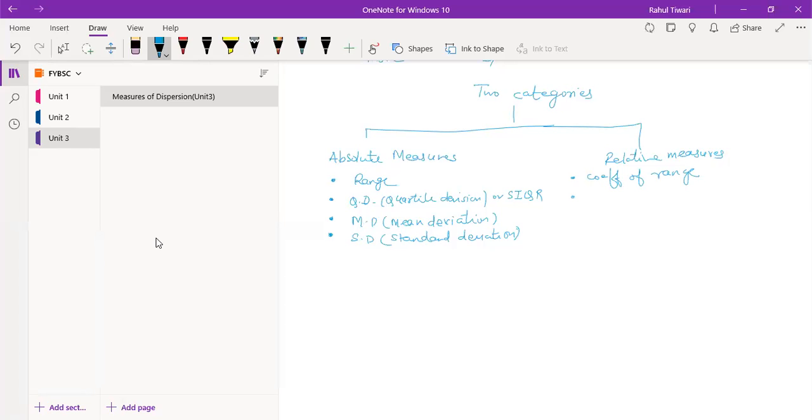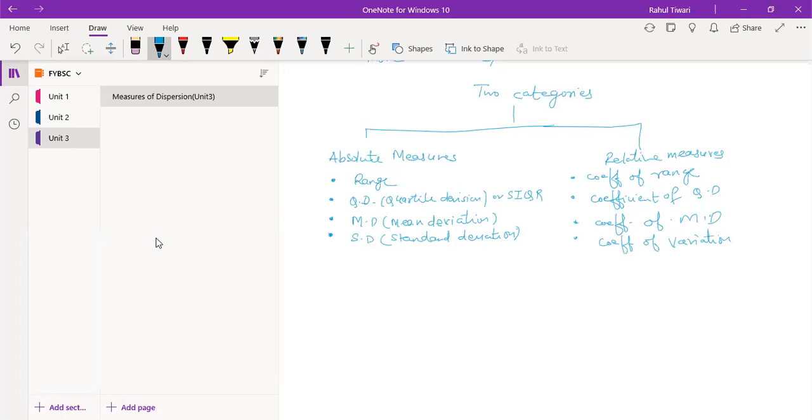Similarly, we have a coefficient of QD, meaning quartile deviation. Similarly, we have a coefficient of MD. And the last one, we have the coefficient of variation.